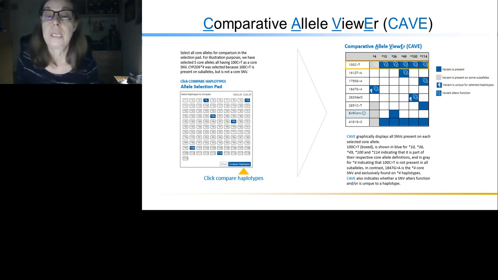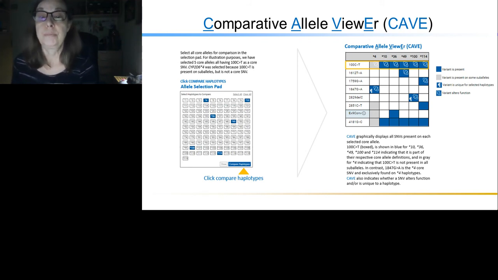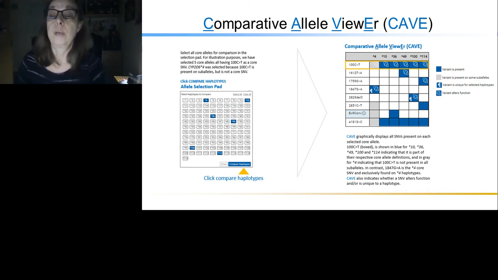And so you can see all these blue squares, the little pill sign, the PharmVar logo. These indicate SNPs that are unique to an allele. So in this example, there are two SNPs highlighted by this logo, a star 4 SNP and a SNP you can find in the star 100. And so if you find these SNPs, you have one or the other allele defined.